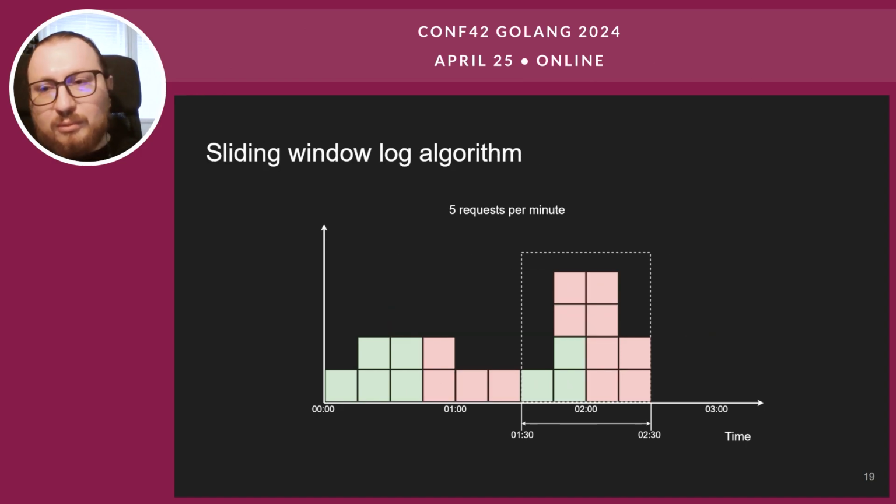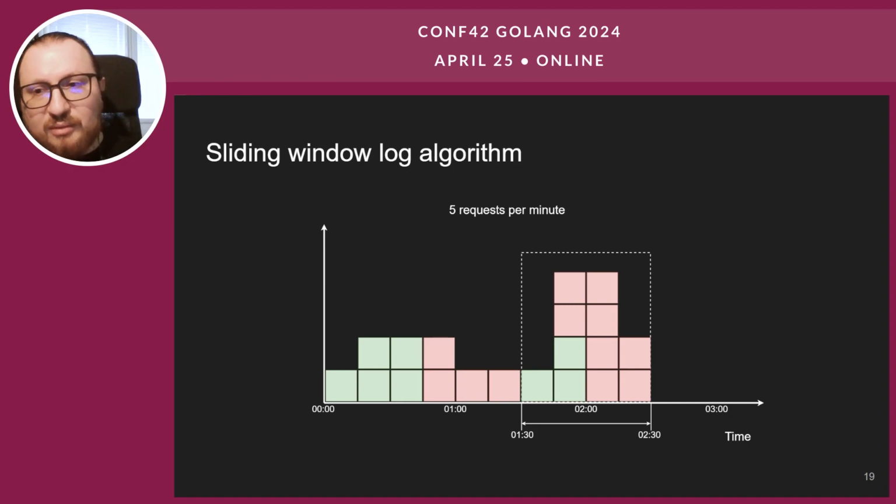The following algorithm is the sliding window log. It also uses a window, but this window slides along time, representing the relevant time frame for rate limiting. The window size can also be defined in milliseconds, seconds, minutes, or any other relevant unit depending on the use case.